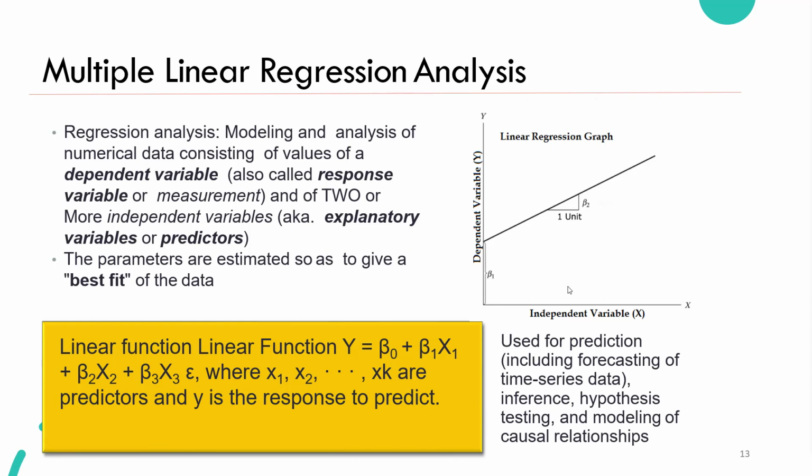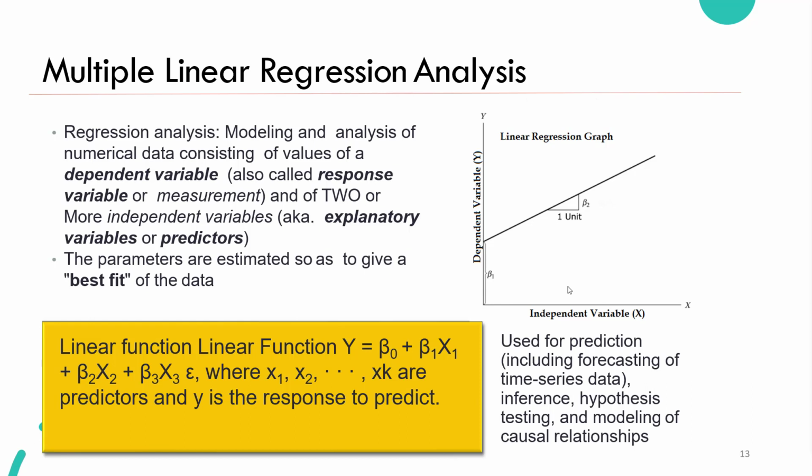If you look at the linear function, y is going to be beta 0 plus beta 1 multiplied by x1 plus beta 2 multiplied by x2 plus beta 3 times x3 plus the error term, if you have only three independent variables.